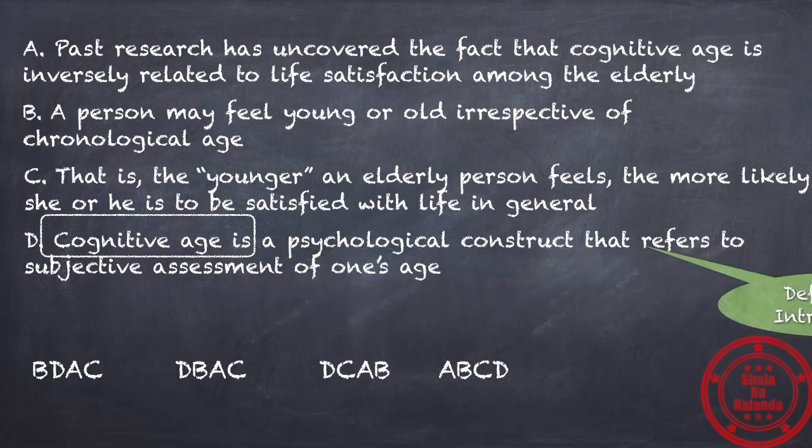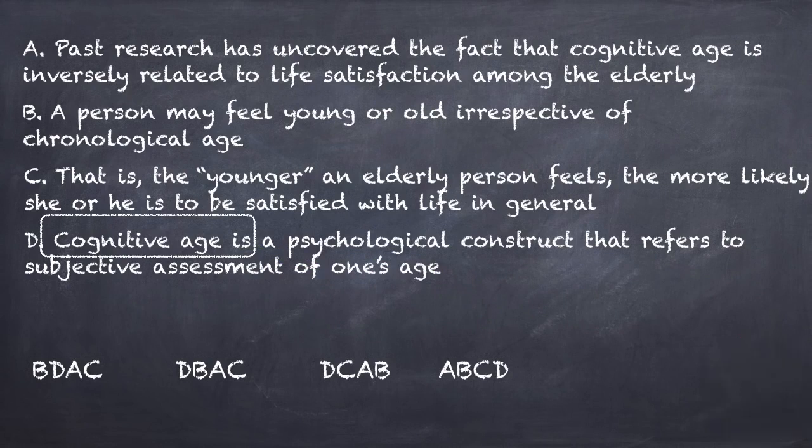Now I read the sentence further. Cognitive age is a psychological construct that refers to subjective assessment of one's age, right? If I look at sentence B, I'm assuming you have read it all and you have found similar connections, but I'm looking at what the connections are, right? So if I look at sentence B, I say a person may feel, right? A person, and in sentence D, there was one's age, right?